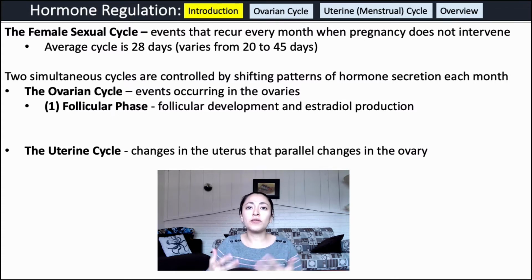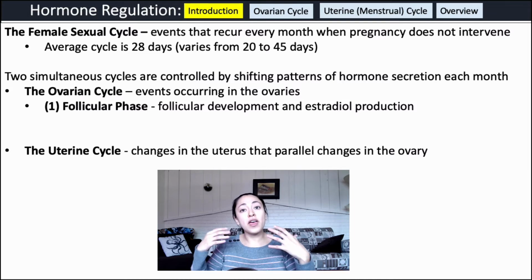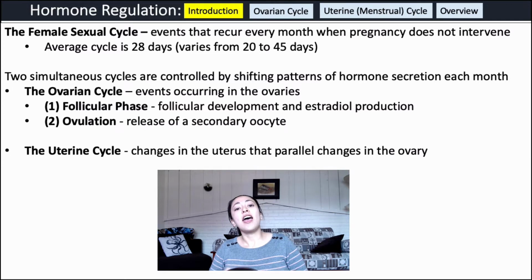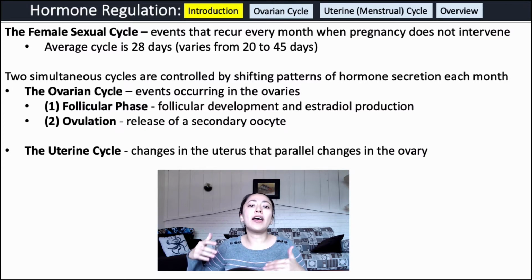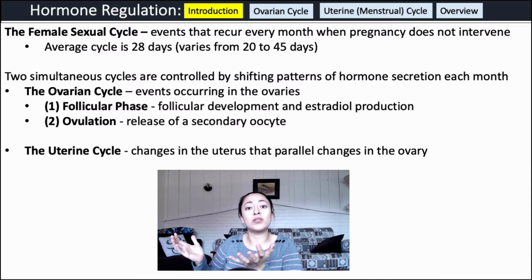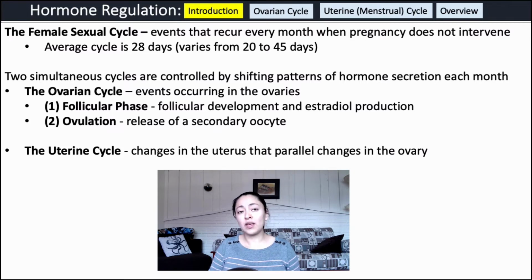So during the follicular phase, the follicles develop, they start producing this estradiol type of estrogen, and then this is followed by ovulation. And this is whenever one of the mature follicles releases a secondary oocyte from the ovaries, and that oocyte enters the uterus.